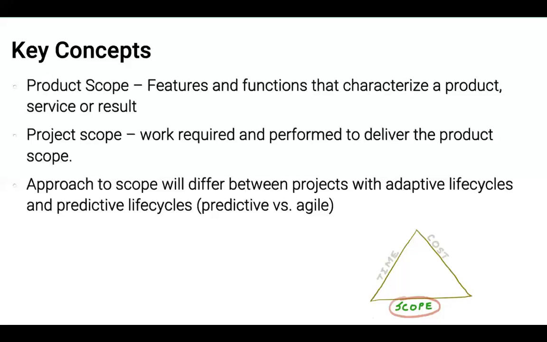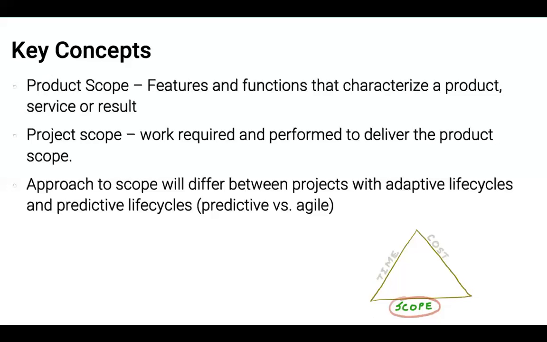Whereas project scope is everything that we need to do and complete, all the actions in order to produce the widget with the product scope defined. So project scope is the way of achieving product scope.